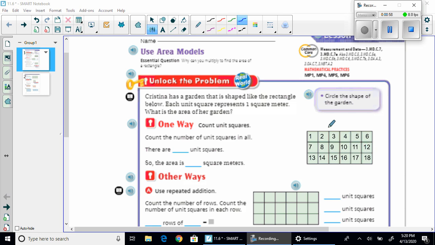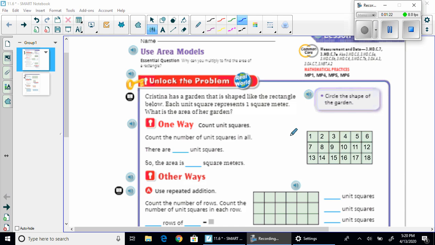So let's go back to our story problem and we'll work through this. It says Christina has a garden that is shaped like the rectangle below. Each unit square represents 1 square meter. What is the area of her garden? One way to solve is to count through each square unit and figure out how many we have all together.